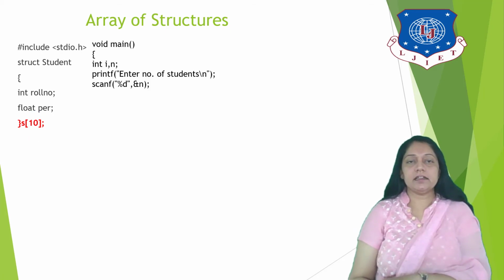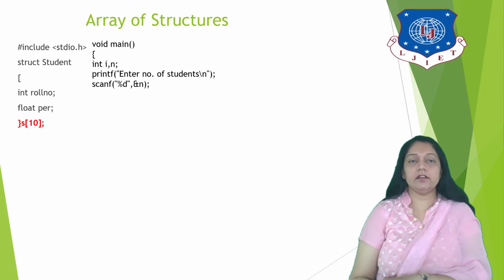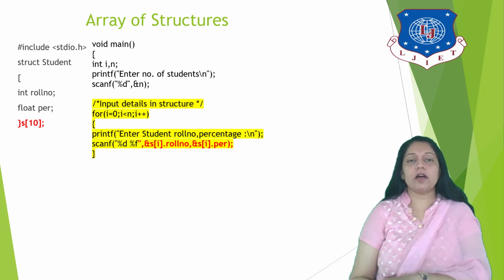We'll get details of the members, roll number and percentage, of each and every student. So first enter the value of n. n will be for how many students' data you want to enter into this array of structures. Take a for loop for i equal to 0, i less than n, i plus plus. Within this for loop, we'll take the values of different structure members. So enter student roll number and percentage.